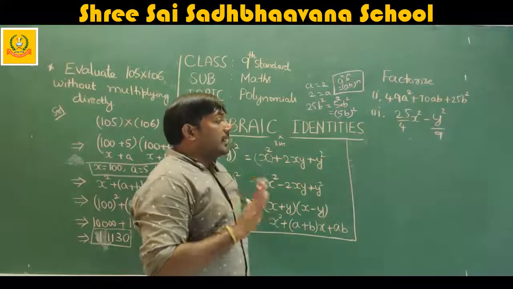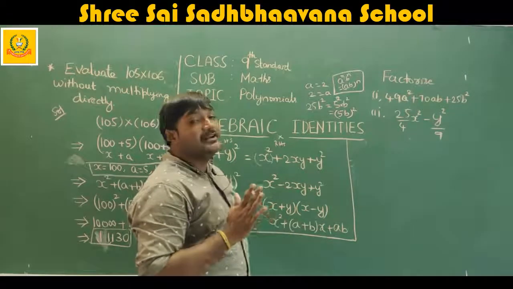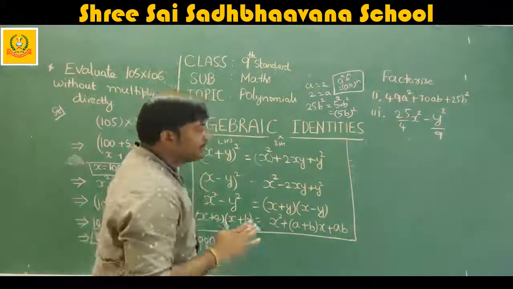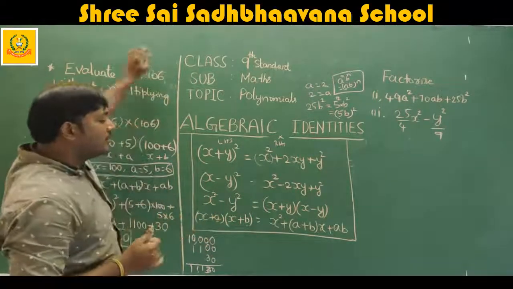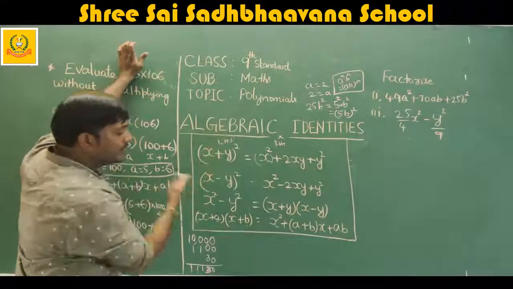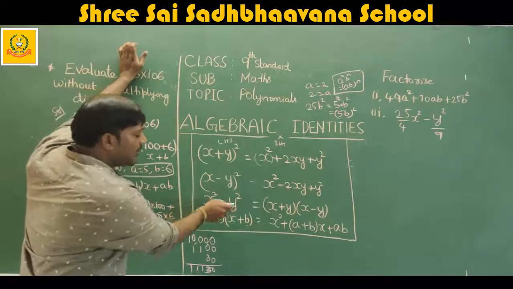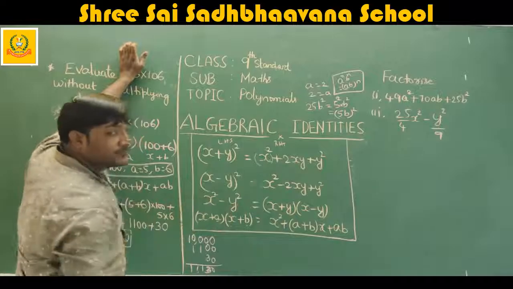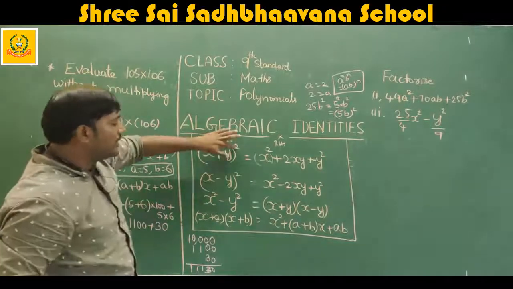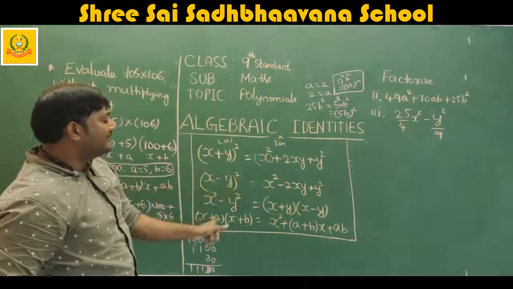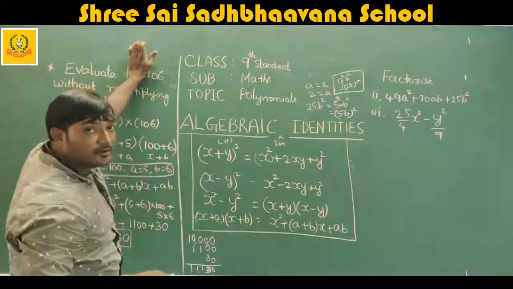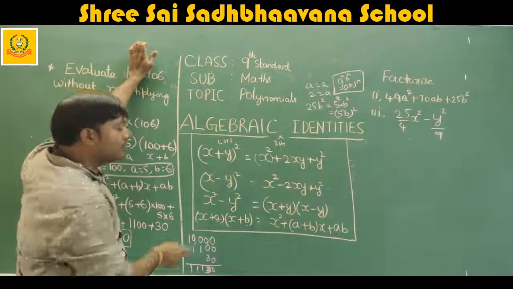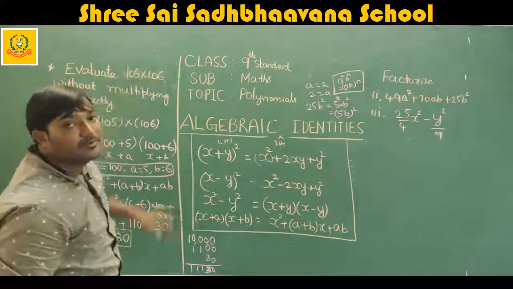So again here, which identity can be used? Just check in these 4 identities which have both squares. This is whole square, this is whole square, this is x plus a, with 2 terms. So which identity is suitable to do factorization for that? It is x square minus y square.